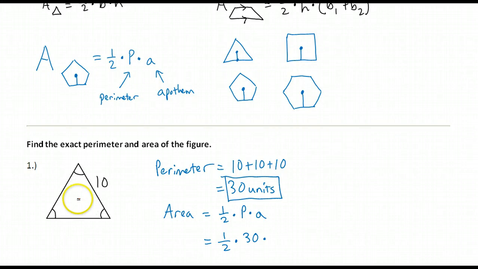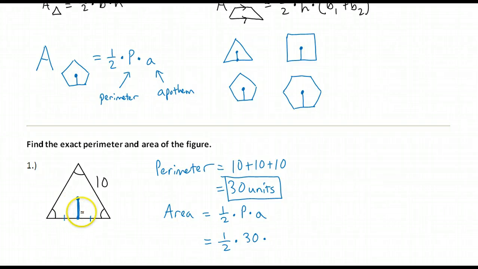I'm going to first draw in the apothem. There's the center of my triangle, and I'm going to connect the center of the triangle to the midpoint of one of the sides. When I connect from the center to the midpoint, that is my apothem.